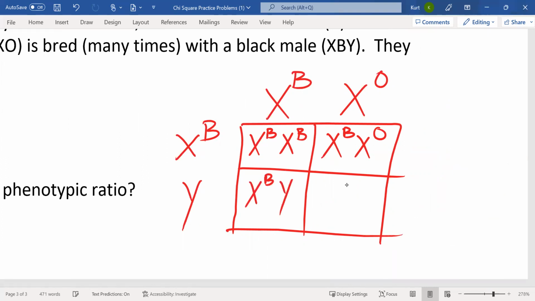What gender here? Male. What color? Black. What genotype? Hemizygous what? Black. What gender? Male. What color? Orange. What genotype? Hemizygous orange. We'll go over 5 and 6 on Thursday.